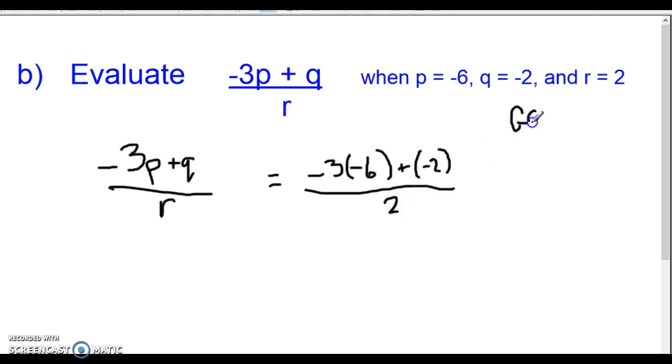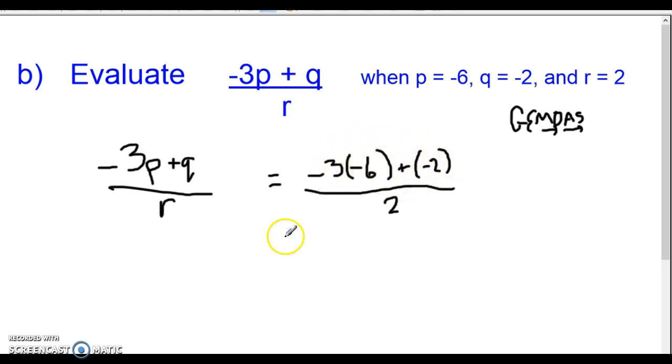So I have to remember GEMDAS, and there is a grouping symbol here. Remember, our division sign acts as a grouping symbol, so it tells me to do everything on top and then divide it at the end. So when I'm working on my numerator, I need to make sure I'm still following order of operations.